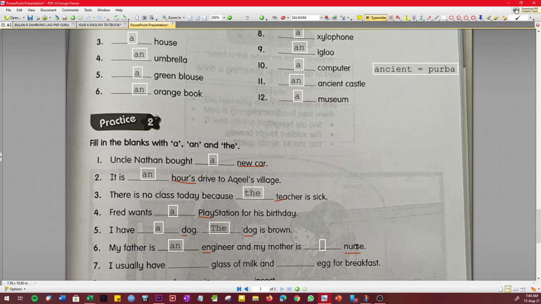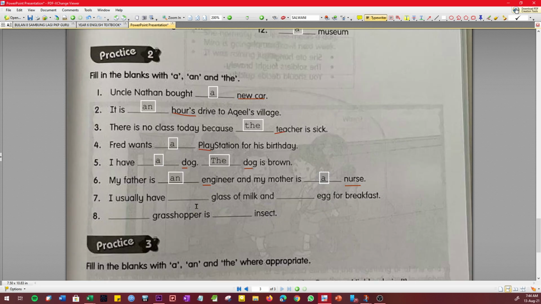And my mother is a or the? A. Okay. I usually have a glass of milk and see this. E-G-G. E. We start with the letter E.